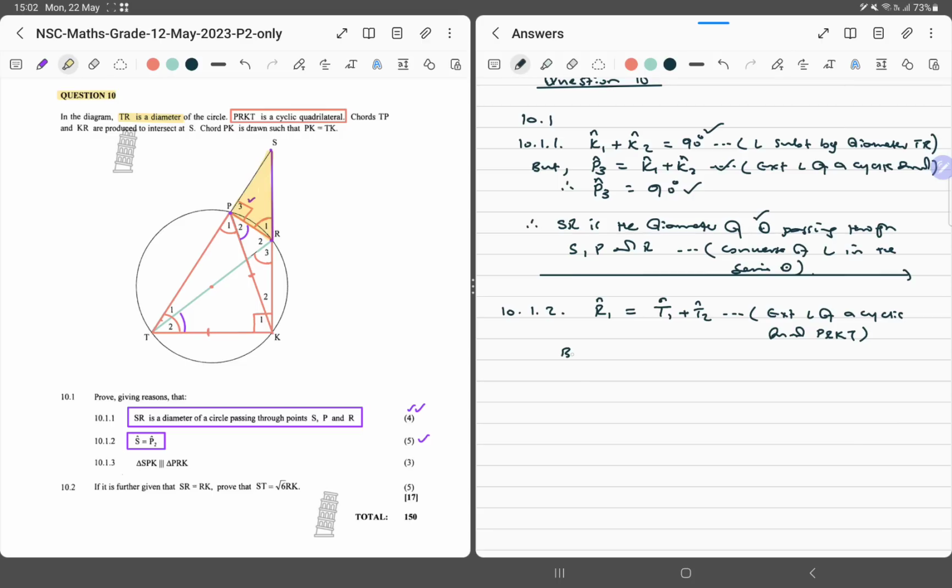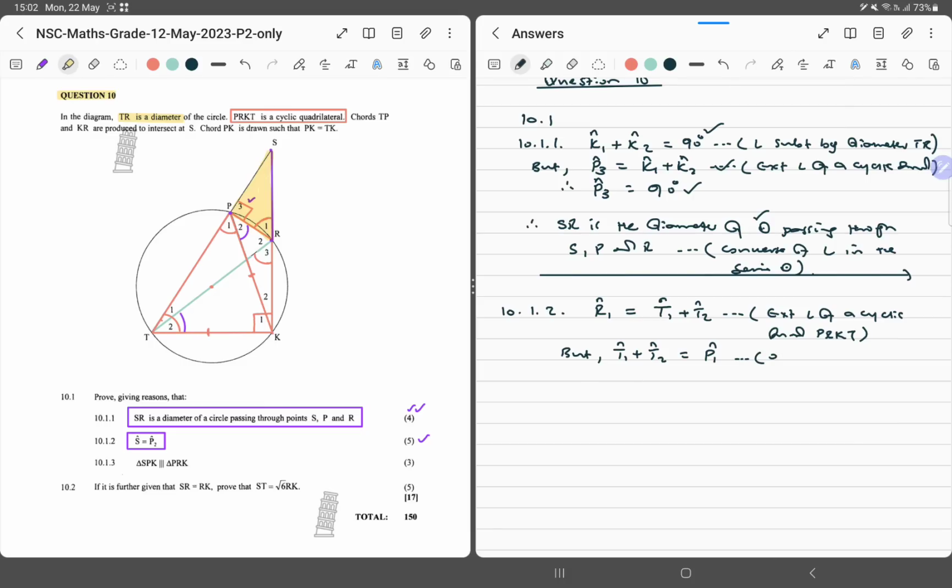But what do we know? We know that angle T1 plus angle T2 is equal to angle P1. What is that?